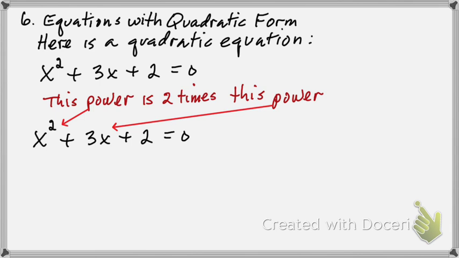So that x in the middle term has a power of 1. And another thing I just want to point out is that 2 is even. I know y'all know that. But we're looking for something that has an even power for our highest exponent that's twice as big as the power in the middle. And this certainly fits that.